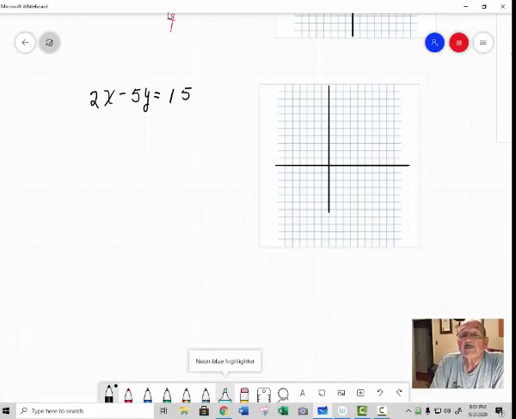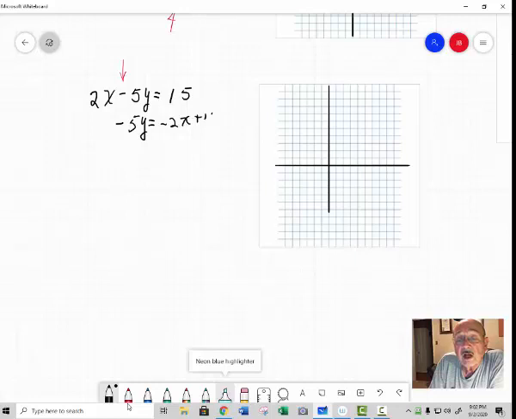Once again, I will subtract 2x. Now be careful, you've got a minus sign right here. Don't drop it. See that minus sign? Keep in mind that you've got to hang on to that. So it'll be minus 5y equals, I subtracted 2x, and I've got plus 15.